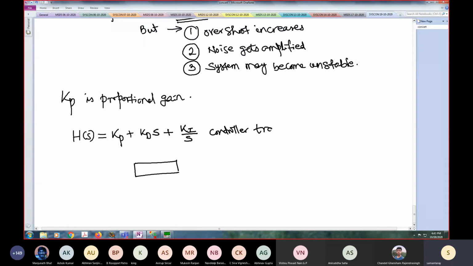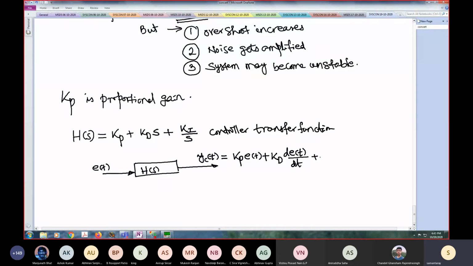So this is H(s). If you give here the error in time domain e(t), then the output of the controller yc(t) is the proportional gain times error, plus Kd times de(t)/dt, plus Ki times the integral of e(t) dt.